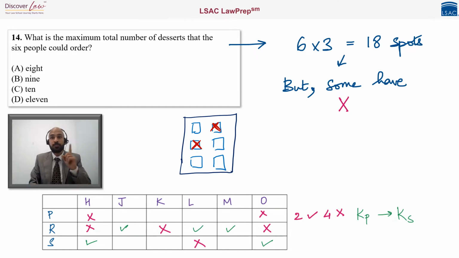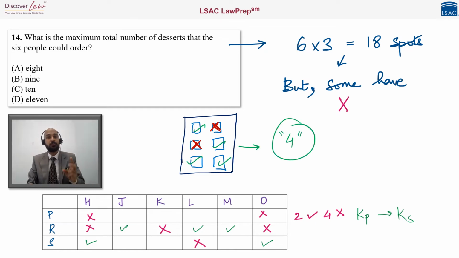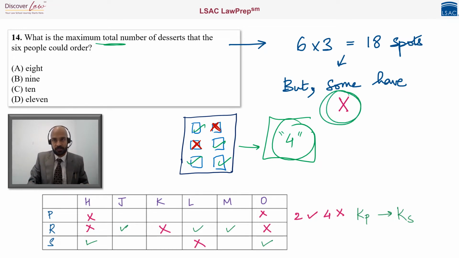You may just want to book 1, but what is the maximum that you can? It is these remaining ones. In this case, the maximum is 4. You may book only 1 seat, you may book only 2 seats, but the maximum possible is 4. So what we will do now is identify the number of crosses, and then subtract that from 18 to get the answer. Let's go ahead and do that.